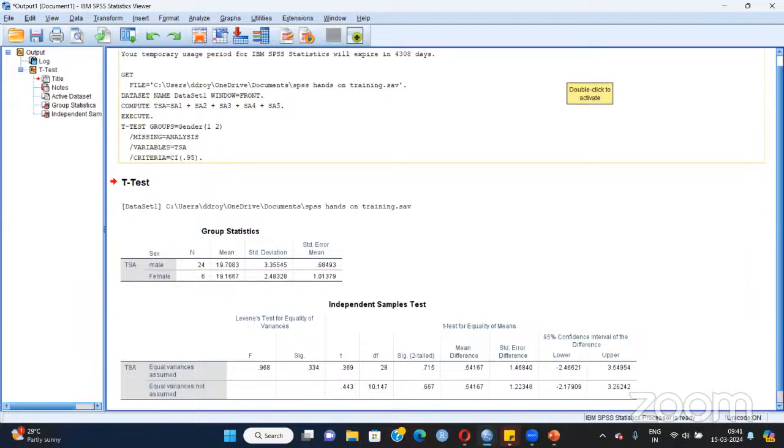And you will find that DF is 28. Why 28? Because total number of cases, N is 30. So 30 minus 2, so 1 from male and 1 from female. This is clear how to do.